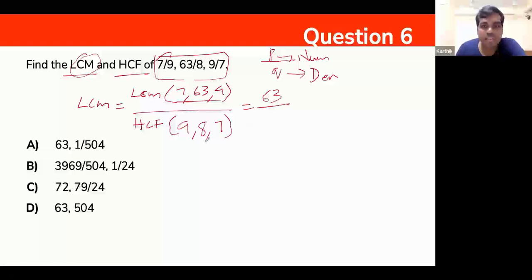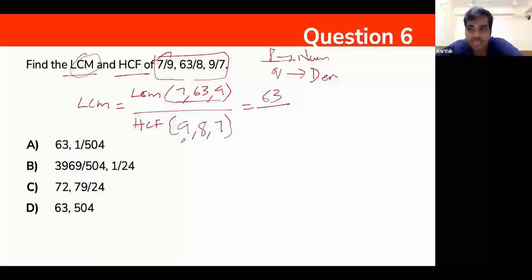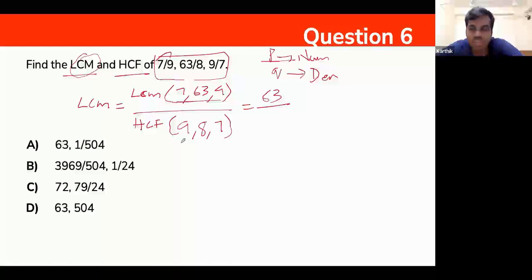And the HCF for 9, 8 and 7. What is the number that will divide 9, 8 and 7? One number that should divide all these three numbers. Can 2 divide? No. 2 will divide only 8, 9 will not be divisible. 3 will divide only 9, 8 will not be divisible. 7 is a prime number, divisible only by 1 and 7.